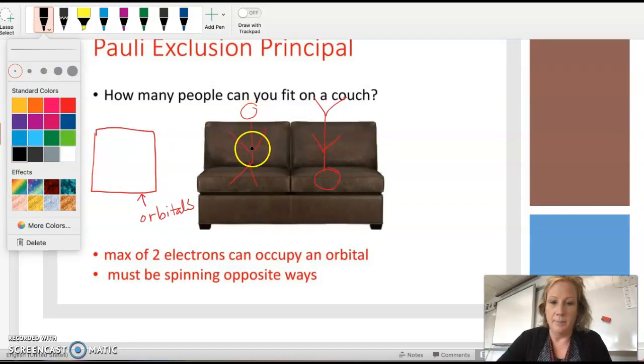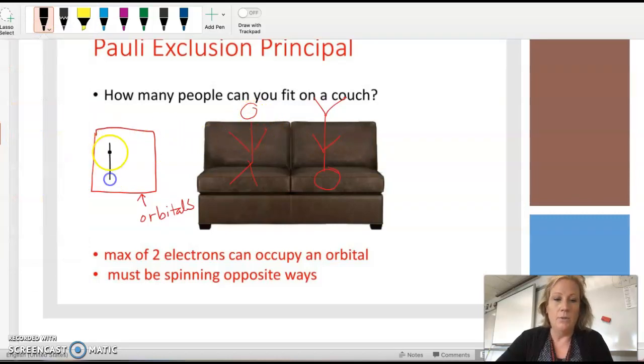Instead of drawing little stick people electrons, we do arrows. So one arrow is an electron. That would be one electron in this orbital. If there are two electrons in the same orbital, then the other electron has to spin opposite the first.